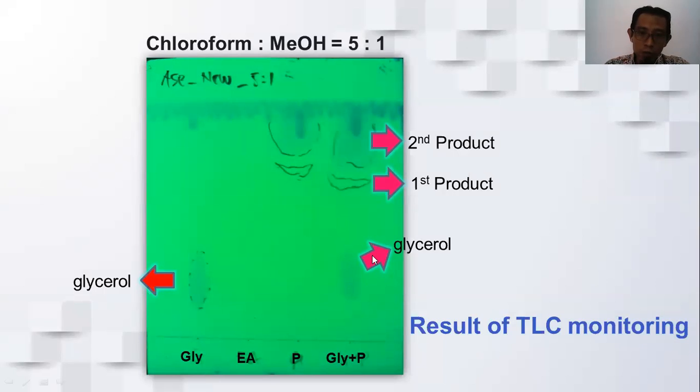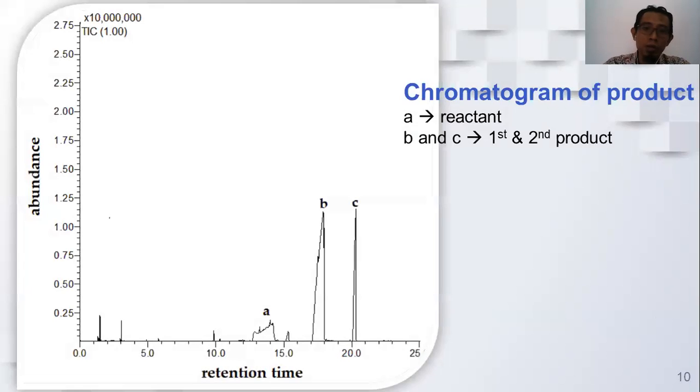We predict it is glycerol, and the spot here is the first product, and the spot here is the second product. And then the mixture of product was further investigated by GC-MS.